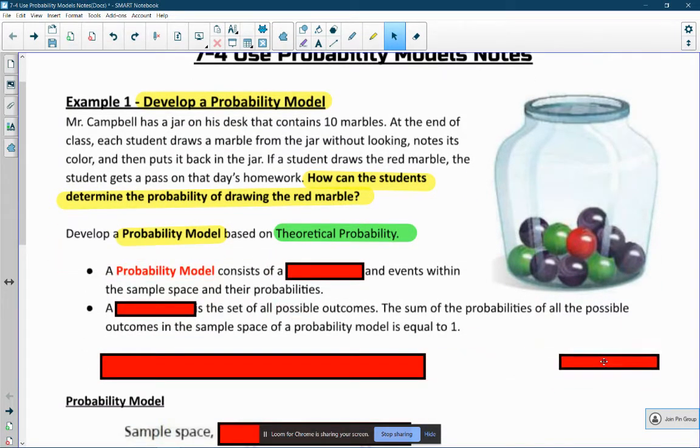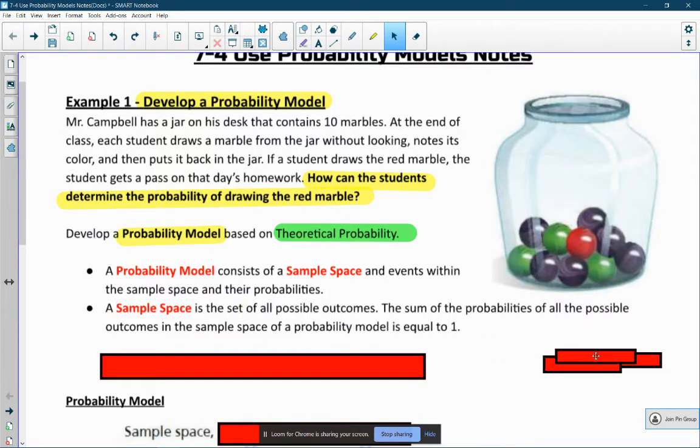A probability model consists of a sample space and events within the sample space and their probabilities. So what is a sample space? A sample space is the set of all possible outcomes. So this is important. In this case, our jar, an outcome would be drawing a purple one, a green one, or a red one.